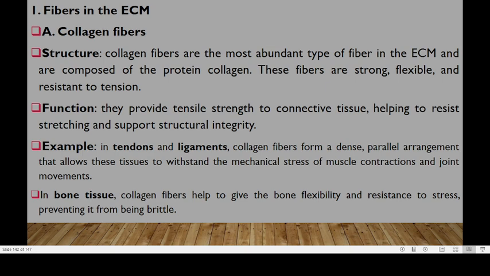Like in tendons and ligaments, we have collagen fibers normally forming a dense parallel arrangement that allows these tissues to withstand the mechanical stress of muscle contractions and joint movements. In bone tissue, collagen fibers help to give the bone flexibility and resistance to stress, preventing it from being brittle.